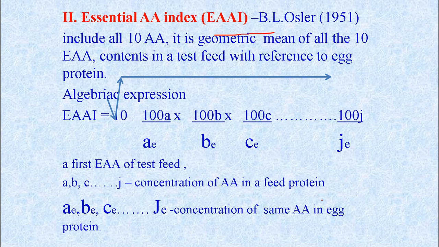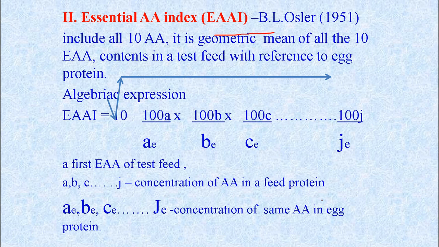So this can be calculated as the 10th root of 100A divided by AE, times 100B divided by BE, times 100C divided by CE, and so on up to 100J divided by JE.